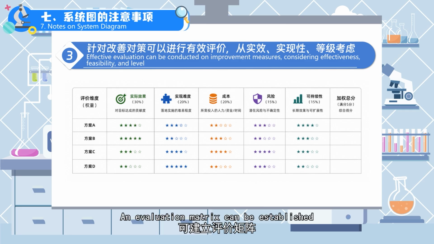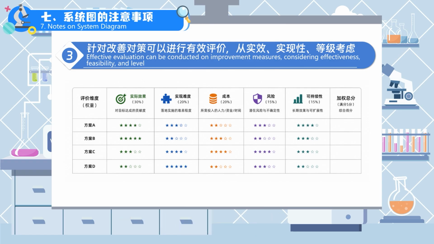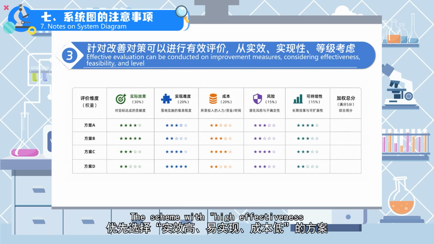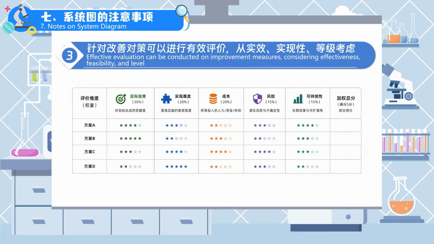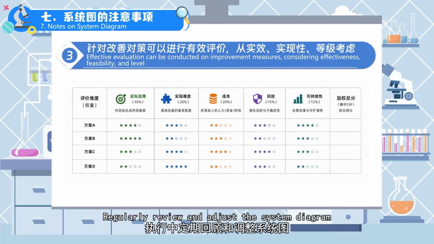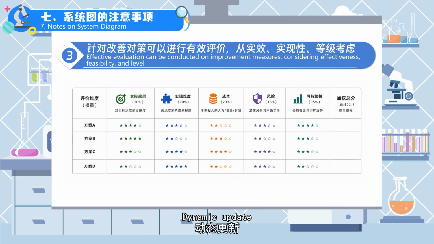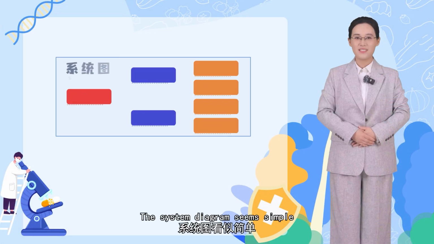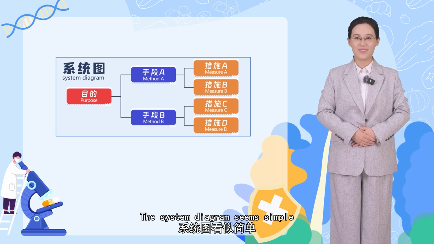An evaluation matrix can be established. The scheme with high effectiveness, easy implementation, and low cost is preferred. Regularly review and adjust the system diagram during implementation. Dynamic update. The system diagram seems simple.